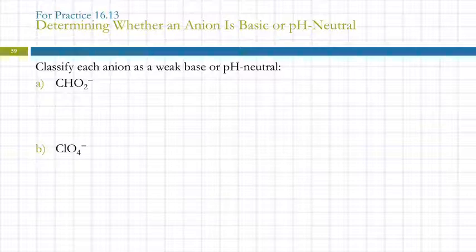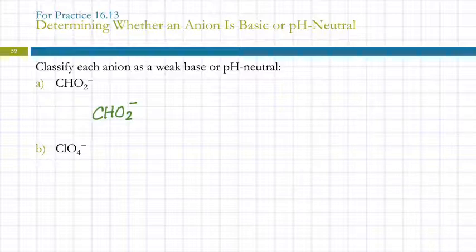Okay, so we need to be able to identify whether an anion is basic or pH neutral. So here we've got this anion, CHO2 minus. And you probably don't know the name of that, and that's fine. You don't need to know the name of it. That's an anion.